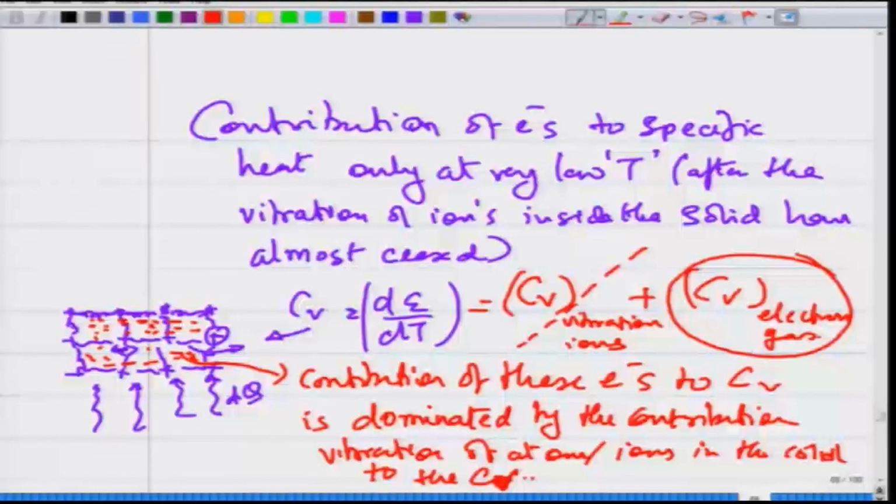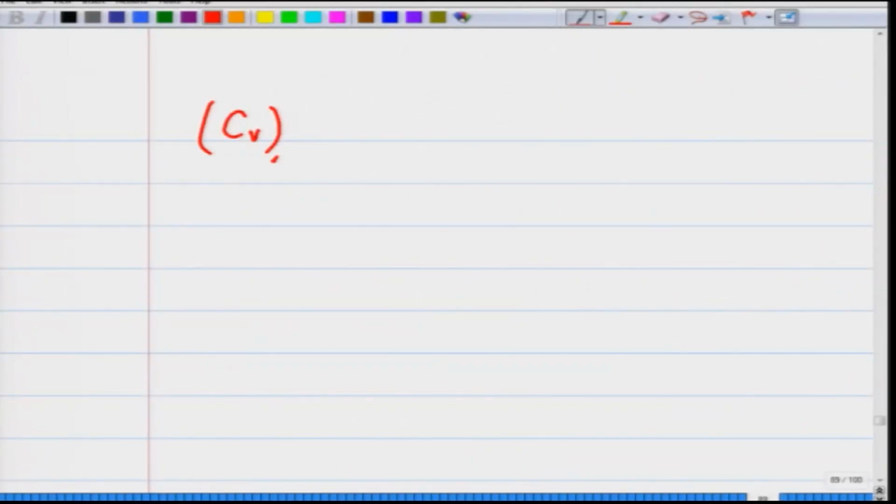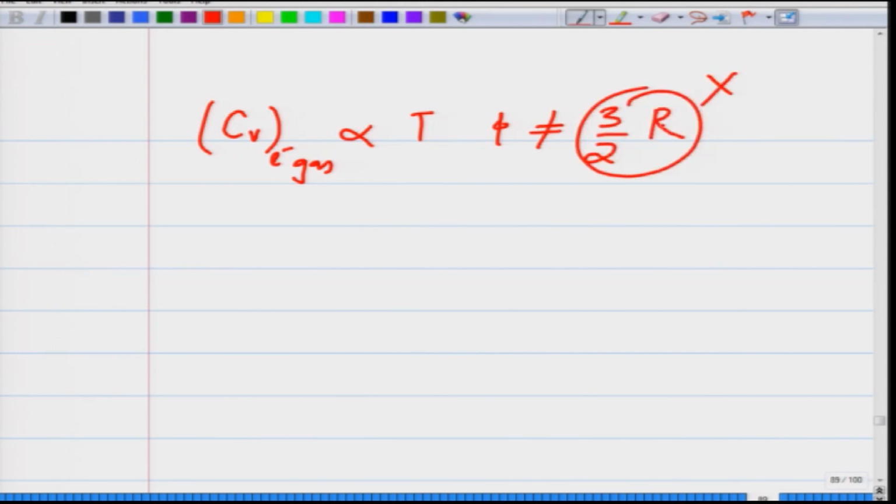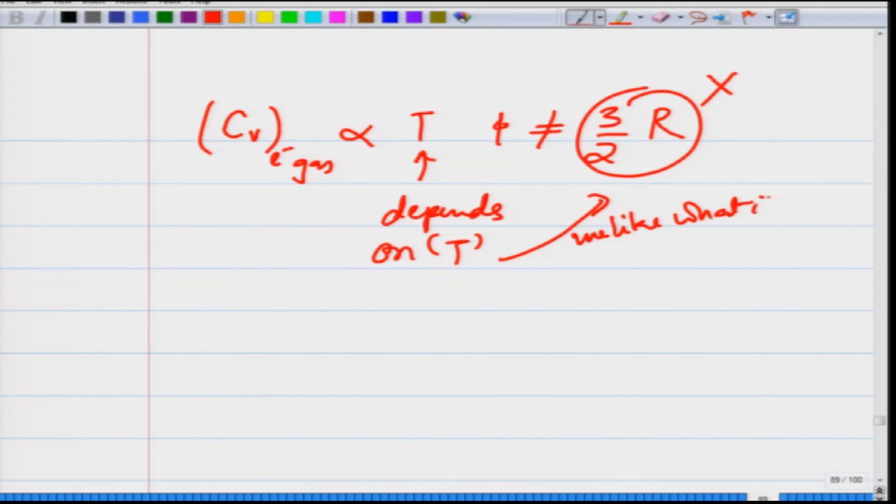The thermal energies are too low to cause vibration of these heavy objects; only the electron gas responds. And what you see is that the specific heat of the electron gas is proportional to temperature and is not 3 by 2 R. It clearly depends on temperature, unlike what is predicted classically.